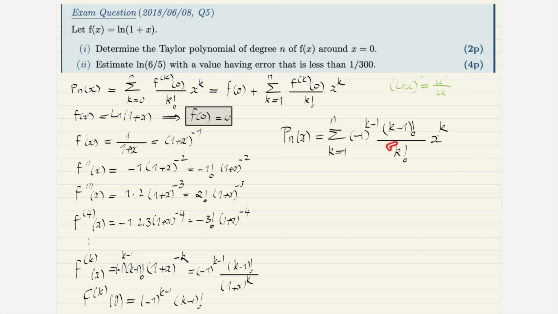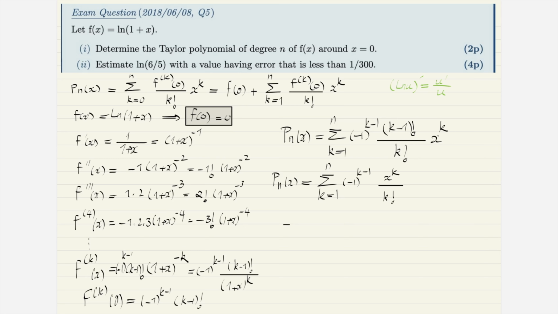But of course you know that k factorial can be written as k times k minus 1 factorial, and this k minus 1 factorial and that one are gone, so I will be left with k in the denominator. So finally the simplified version of the nth order Taylor polynomial is sigma k goes from 1 to n, and then I have minus 1 to power k minus 1 x to power k divided by k.